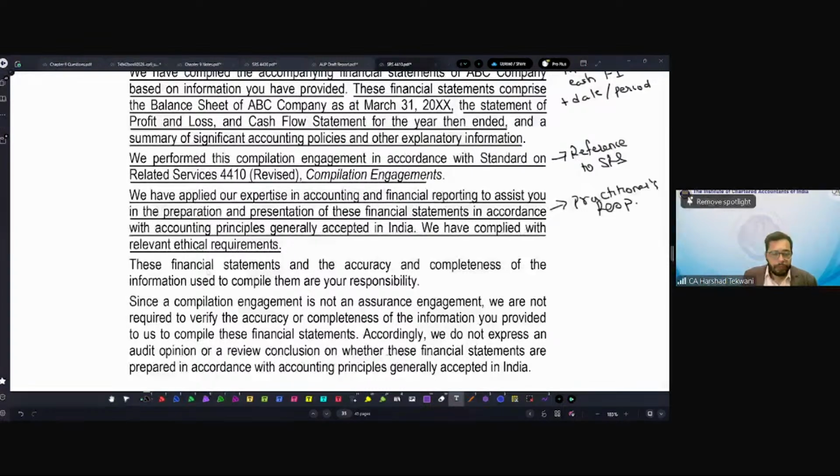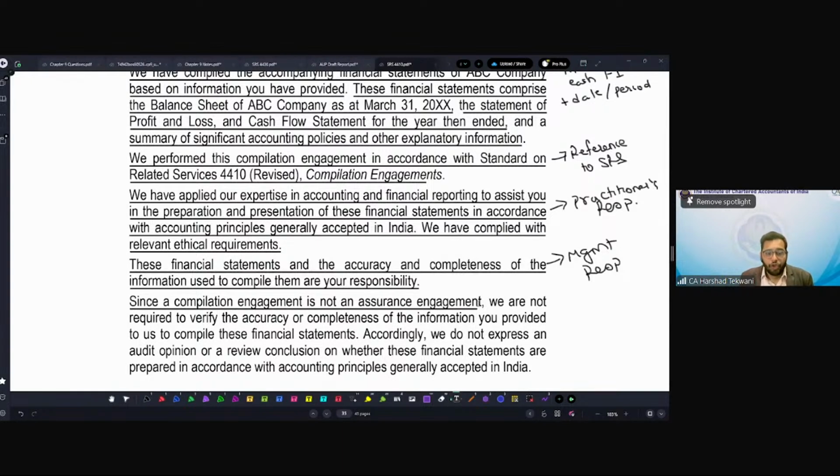Then these financial statements and the accuracy and completeness of information used to compile them are your responsibility, management's responsibility. We are talking about management's responsibility. Since a compilation engagement is not an assurance engagement, we are not required to verify the accuracy and completeness of the information you provided to us to compile these financial statements.